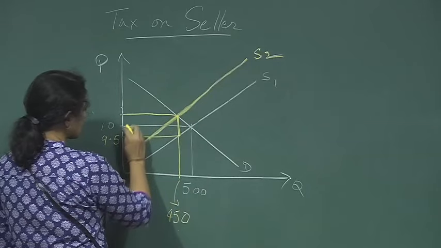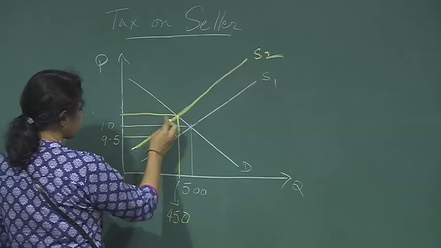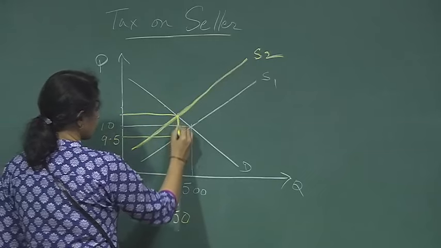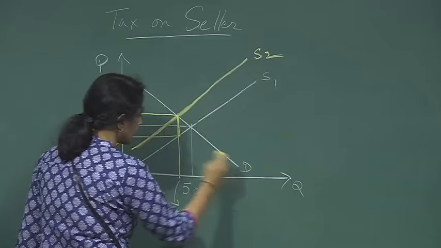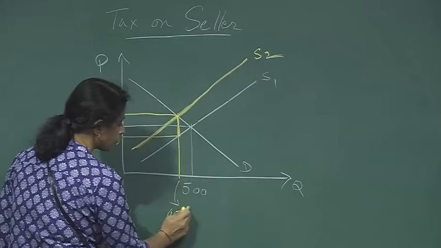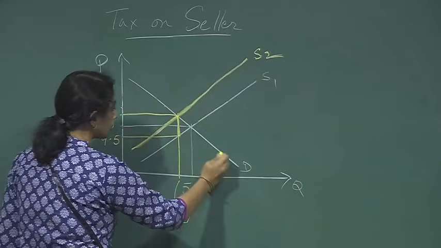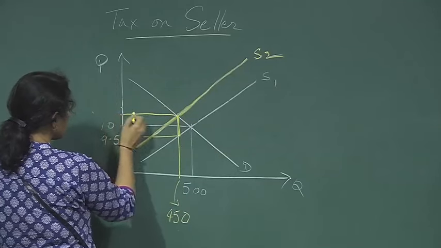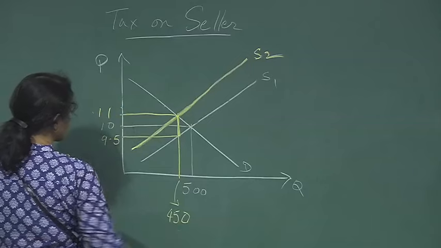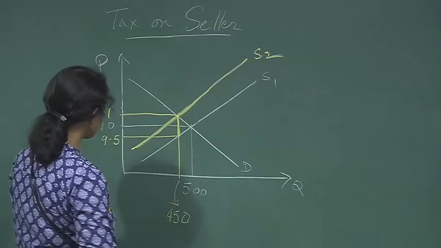The consumer is buying 450 units along his demand curve, and the price that he is paying to the seller is 11, which is more than 10.